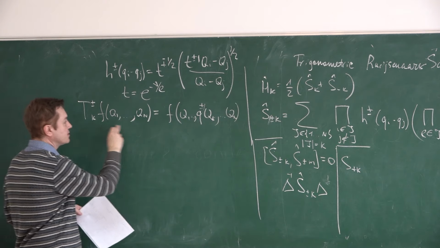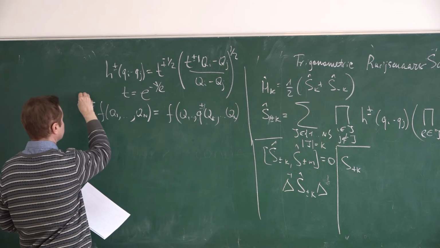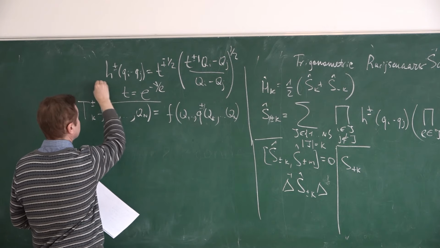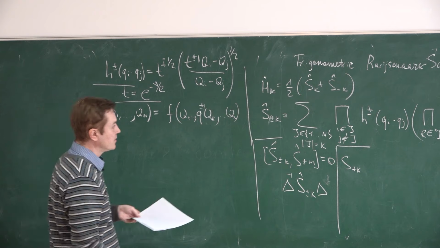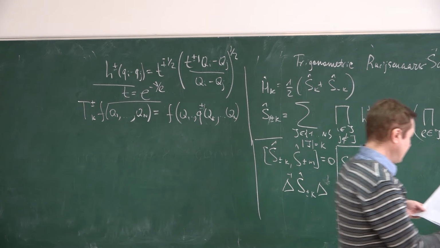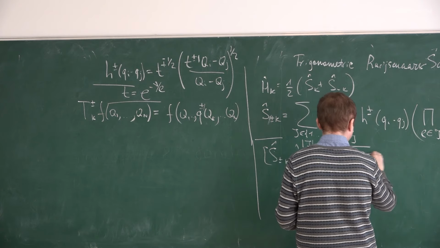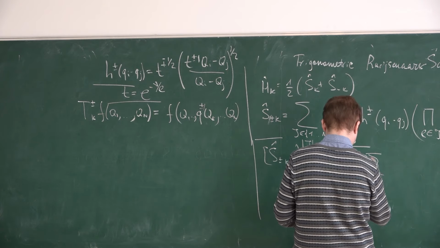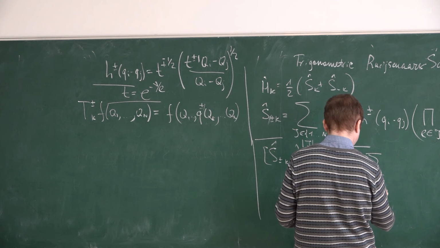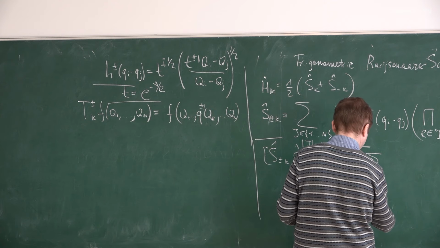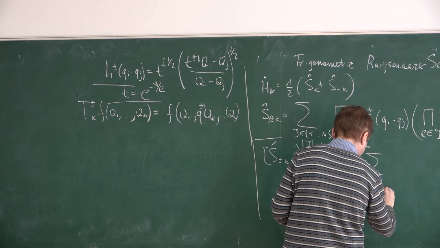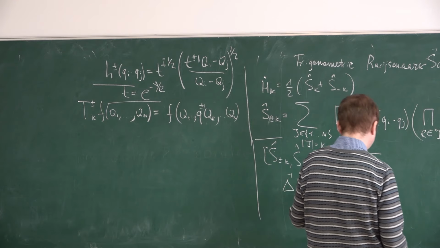So the action of the shift operator is defined. The set of functions is also defined. And we may write now just the same formula, but in new coordinates. This is also the sum over J, where this J has degree k.